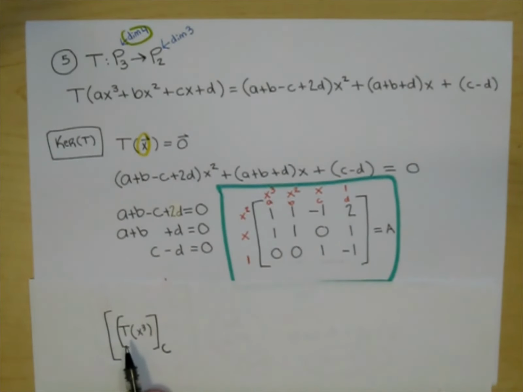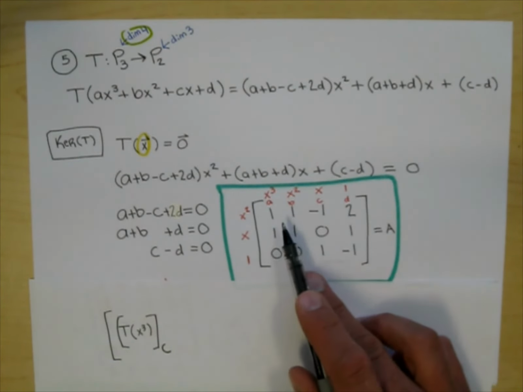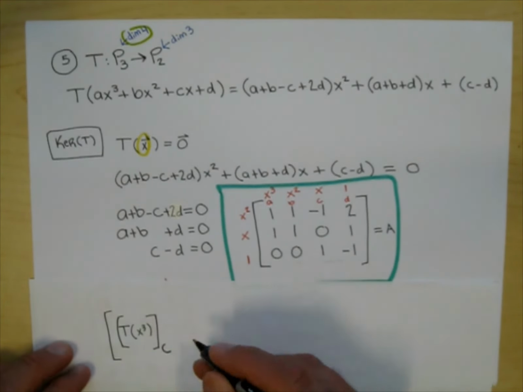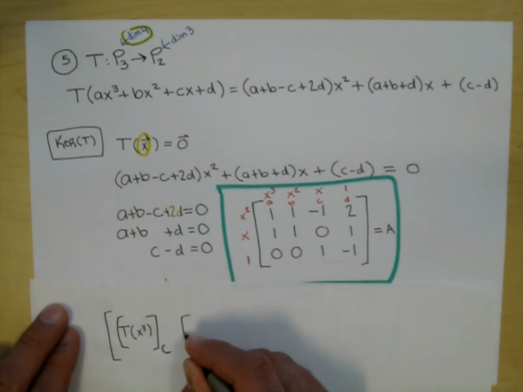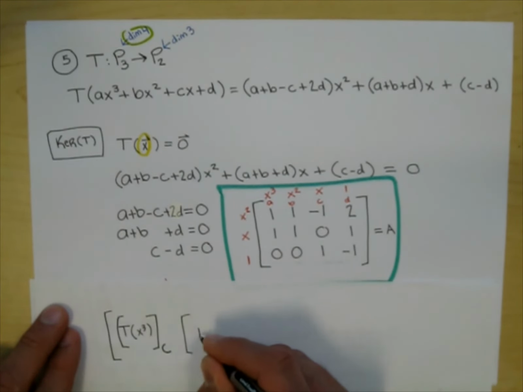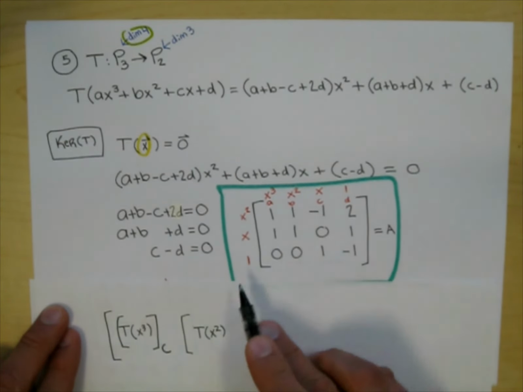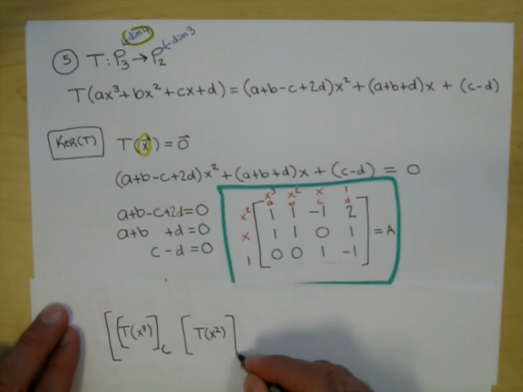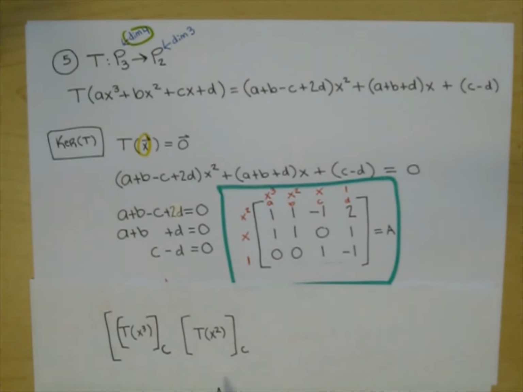So you can verify that T of x3, the component vector, it really is 1, 1, 0. So the next column is actually T of x squared. And you can see the x squared there. And then we go and take the component vector. So let's see how that works.